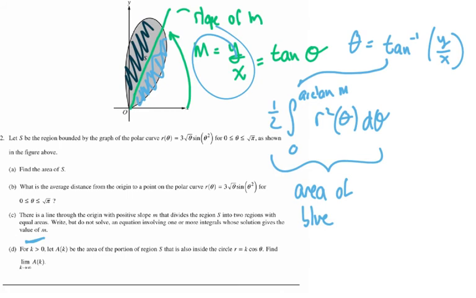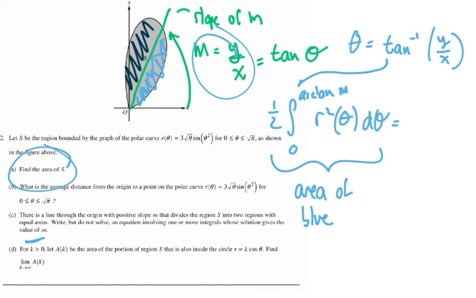And what this is saying is that the area of the blue shaded region is half of the entire thing. And the entire thing was our answer in A. So you can just say that this is the same as our answer in A.